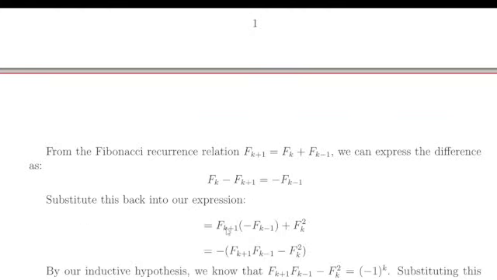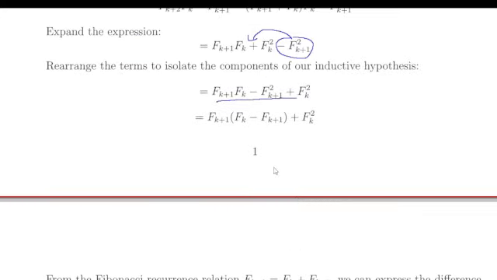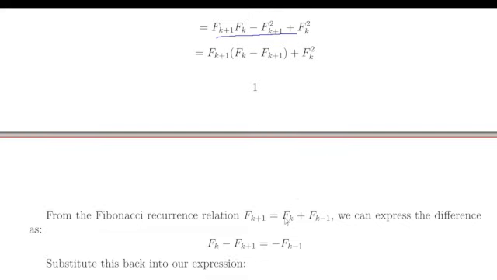From the Fibonacci relation, we know that f sub k plus 1 equals f sub k plus f sub k minus 1. So if I subtract f sub k plus 1, so basically if I switch these two, I get f sub k minus f sub k plus 1 equals negative f sub k minus 1.